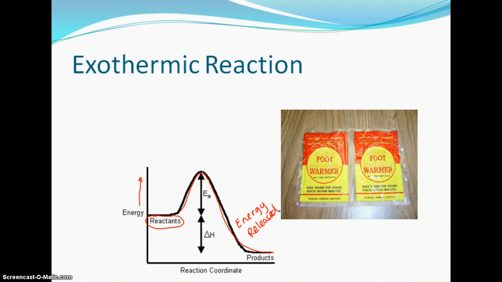So we see that our energy increases to a point where the reaction can take place, and then energy or heat is being released to the environment. Examples are hot packs. So if you have some of those chemical hot packs, you break the seal on the inside and then it heats up.